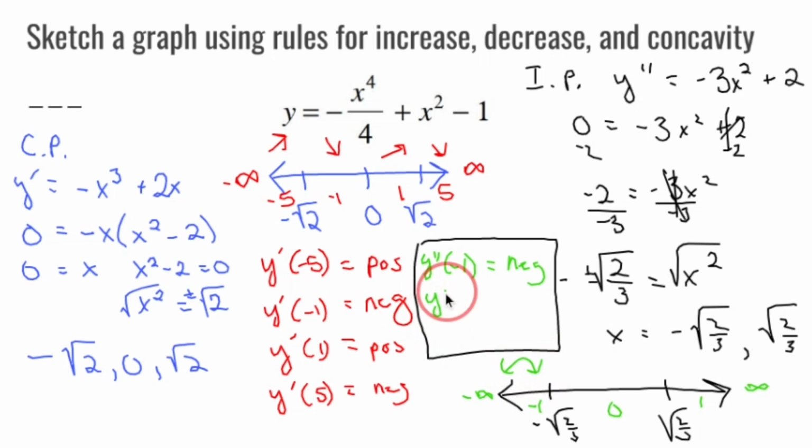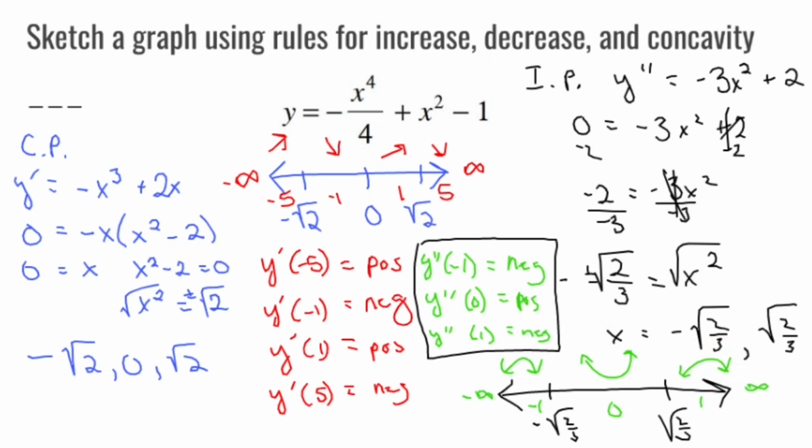If I plug in 0 for y double prime, I get 0 plus 2, which is positive, concave up. And if I plug in regular 1 to y double prime, I get literally the exact same as I get over here. So I get negative, which makes that concave down.